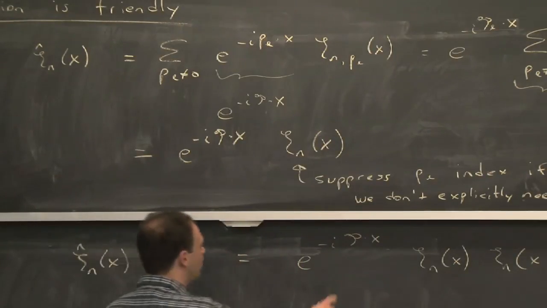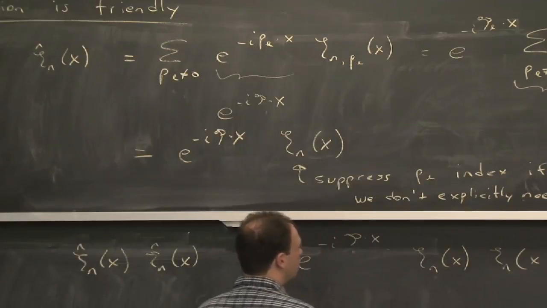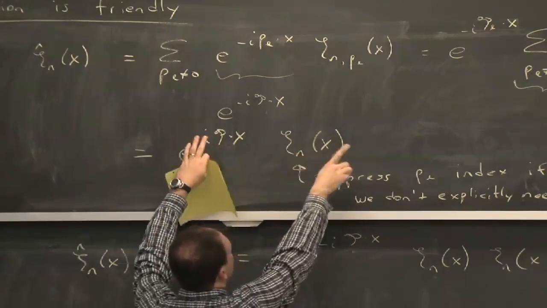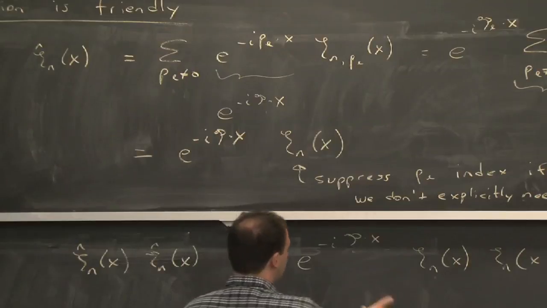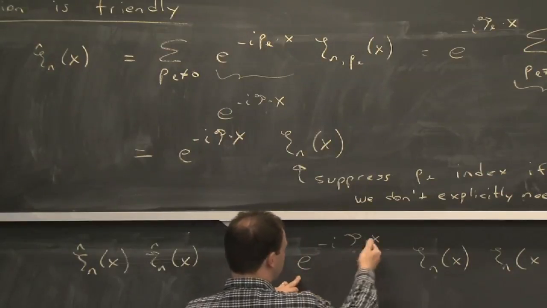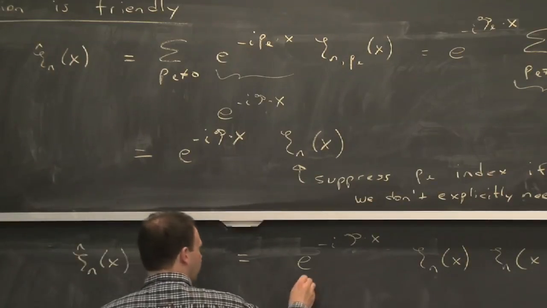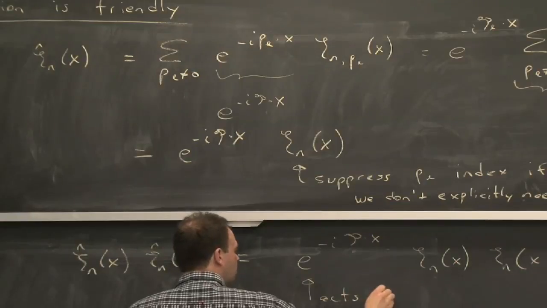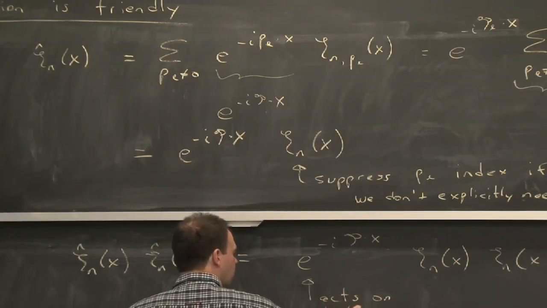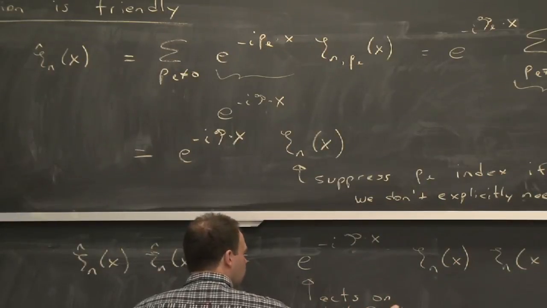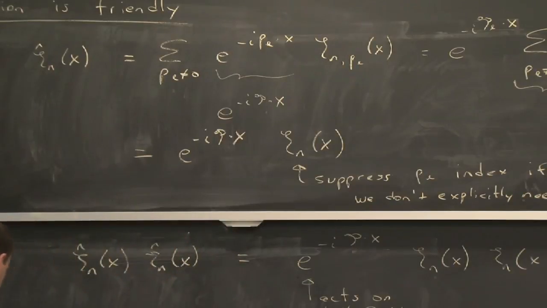I'd have the label operator acting on this guy and that guy. And if I were to write this out twice with two sums, then because the product of those two exponentials can be written as a single exponential, this is true. So this guy acts on both fields. In this sense, the notation is friendly.